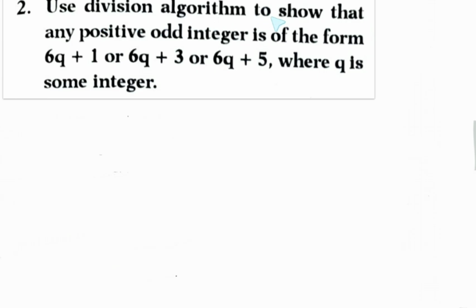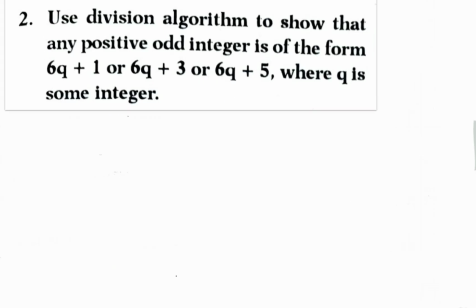Use the division algorithm to show that any positive odd integer is of the form 6q plus 1, 6q plus 3 and 6q plus 5, where q is some integer. Let a be an odd positive integer.